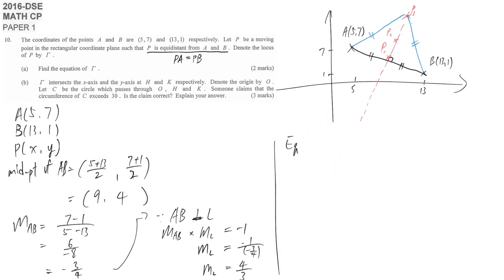Finally, to write down the equation of L, use the slope formula. Don't forget the constraint for a straight line. In terms of x and y, compared with this point, we have (9, 4) here. So (y minus 4) over (x minus 9) should equal the slope we already found, 4/3.